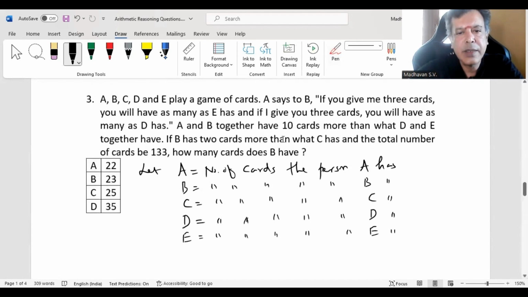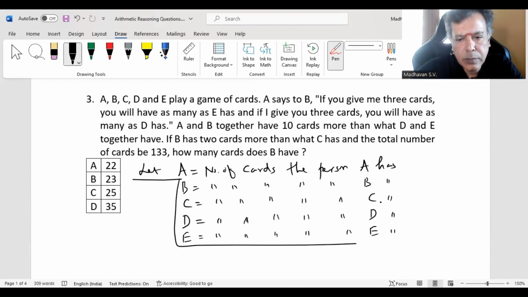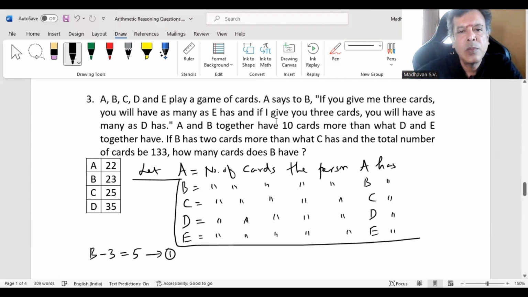Now, what is it that it says? A says to B, if you give me 3 cards, means whatever is B's number of cards, which is B, if you give me 3 cards, means from him 3 cards is subtracted, you will have as many as E. Consider this as 1.